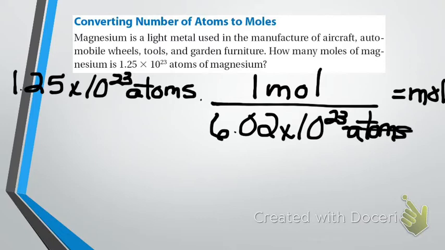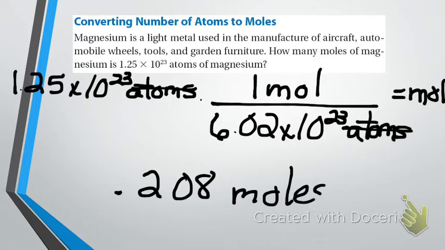Okay, we're going to cross off like terms on the top and the bottom. Multiply across the top, multiply across the bottom, and divide. So then our answer is 0.208 moles of magnesium.